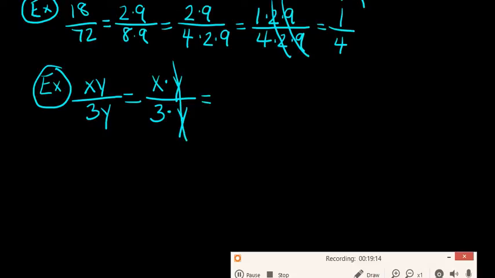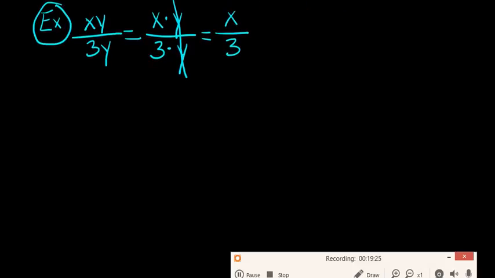I know I told you that was going to be the last one, but I'm going to do one more just to be safe, and then we'll be finished. So our last example, let's take 4cd over 2c.